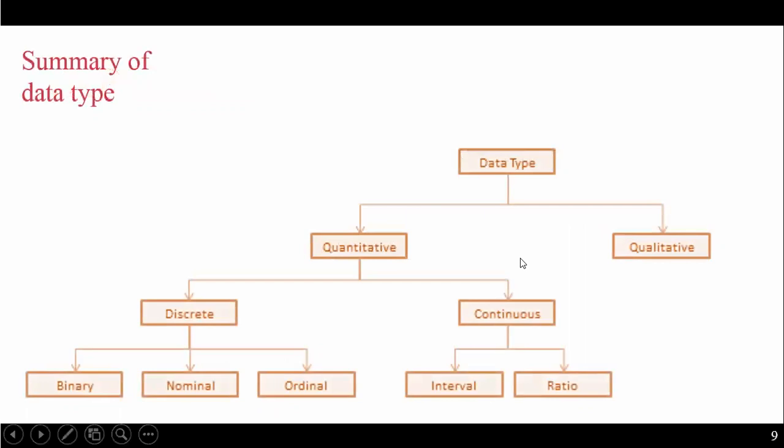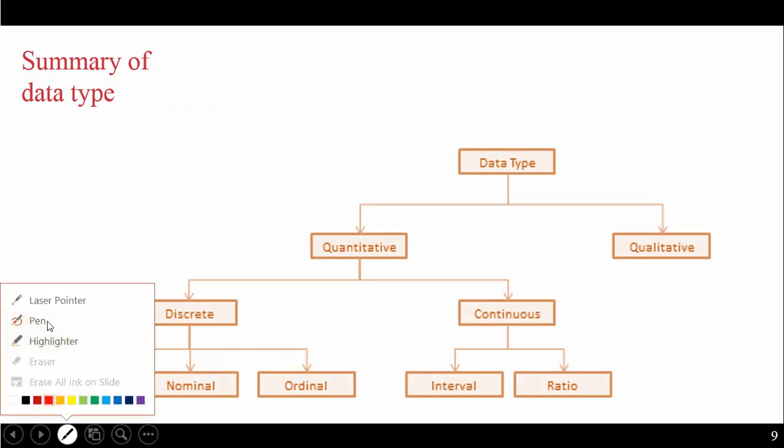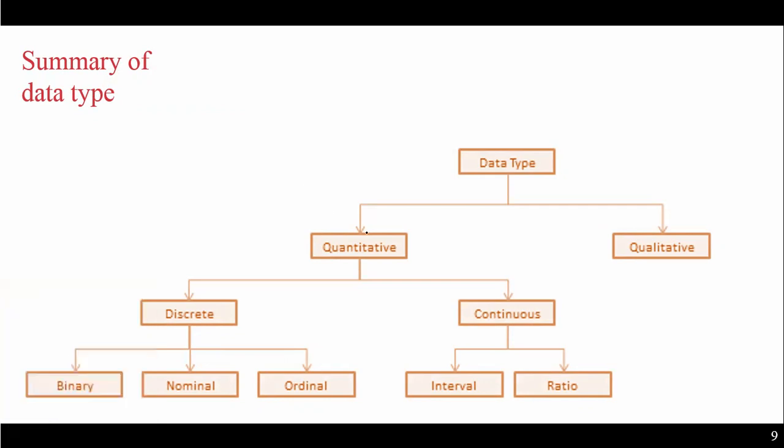This is the summary of the data type. There are two types of data: quantitative data and qualitative data. Quantitative data talks about numbers.